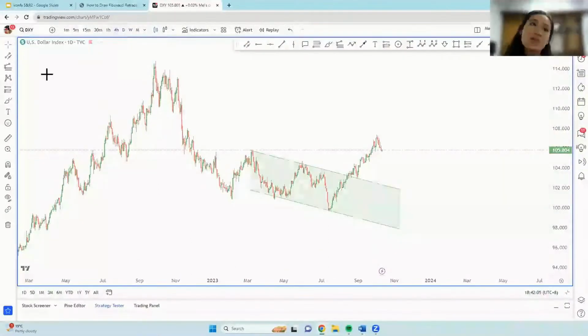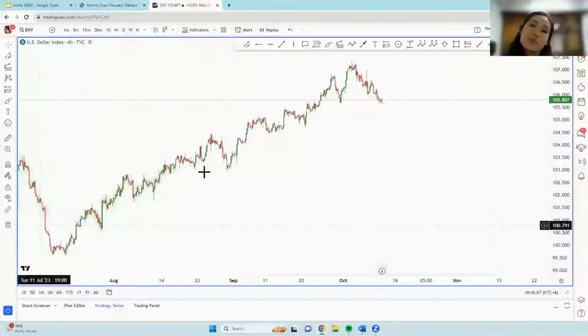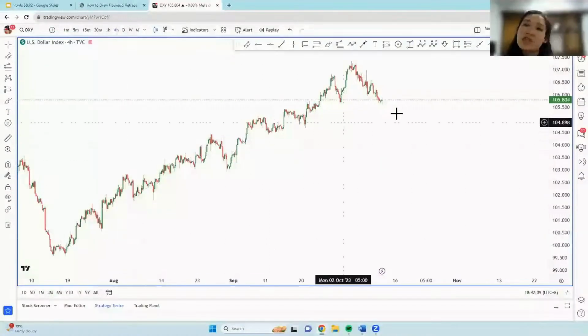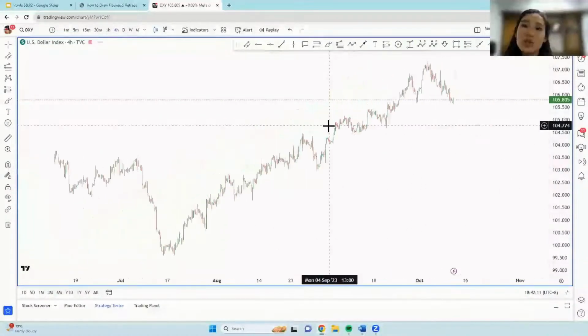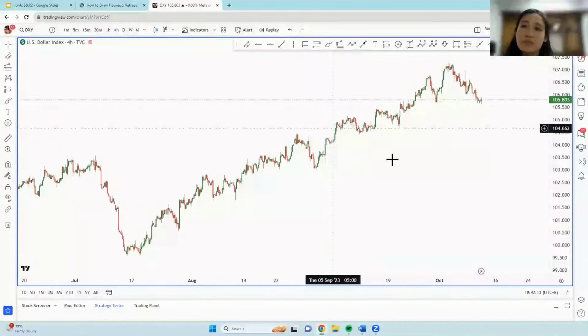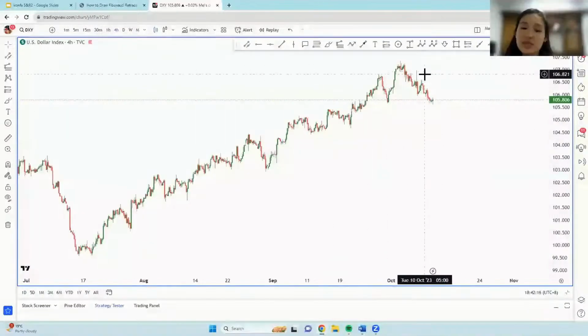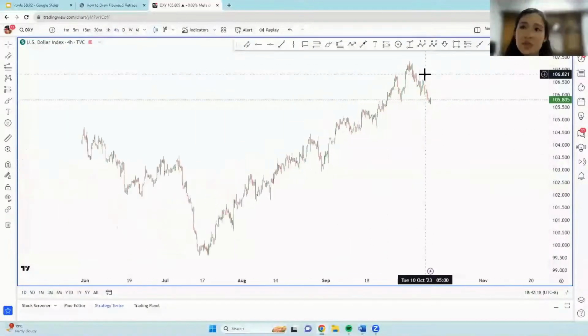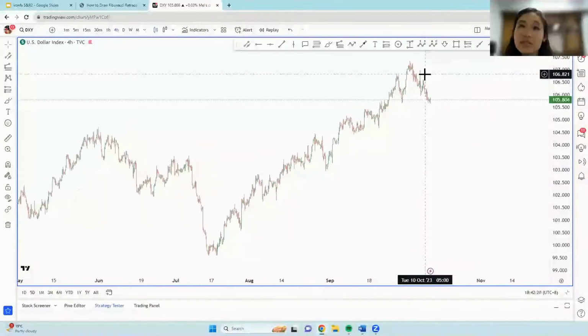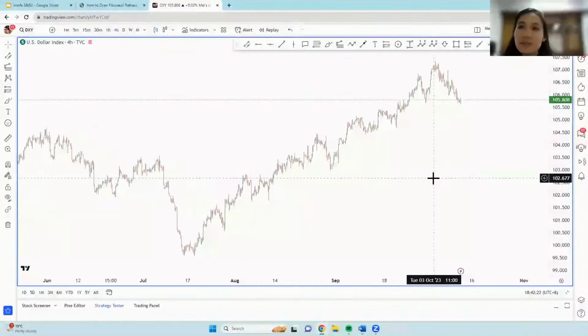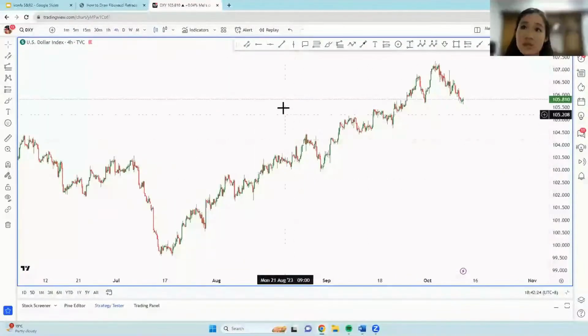Now, if we take a look at our 4-hour time frame, you can see this uptrend over here as well. So also pretty bullish, except for this reversal here. Okay, but we typically will follow the trend. Okay, now let's get into our analysis.